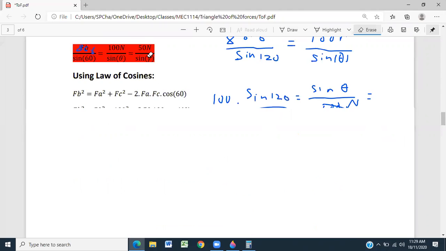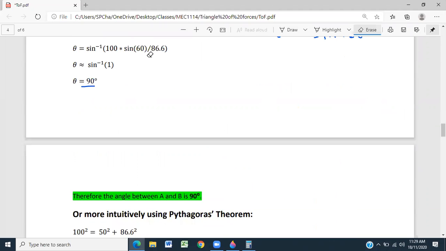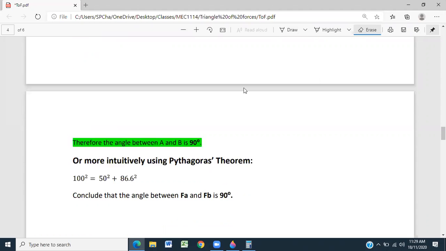So now that we know this angle is 90, if we had caught this before, and we had realized intuitively, because you know we're engineers and we use a lot of math, and maybe you guys did a lot of CAPE maths, you could have noticed that 100 squared is equal to 50 squared plus 86.6 squared, or this here is 50 root 3.